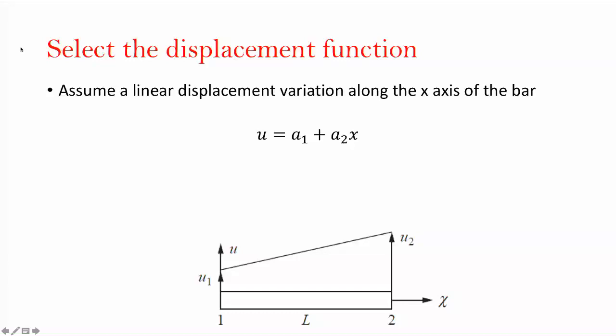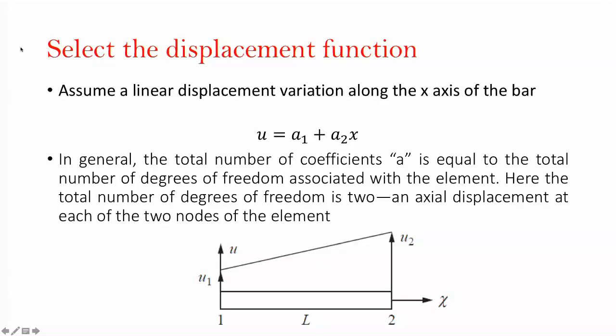In general form, u equals a1 plus a2x, which is a linear function of x. Since we have 1 degree of freedom for each node, we have 2 unknown coefficients, a1 and a2, pretty much the same as the spring element. So the procedure is exactly identical.